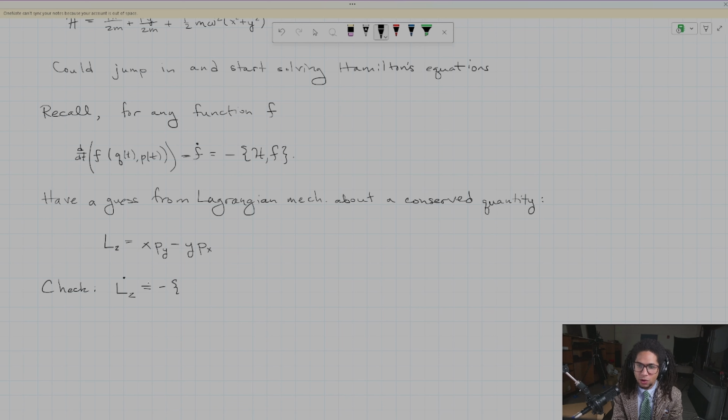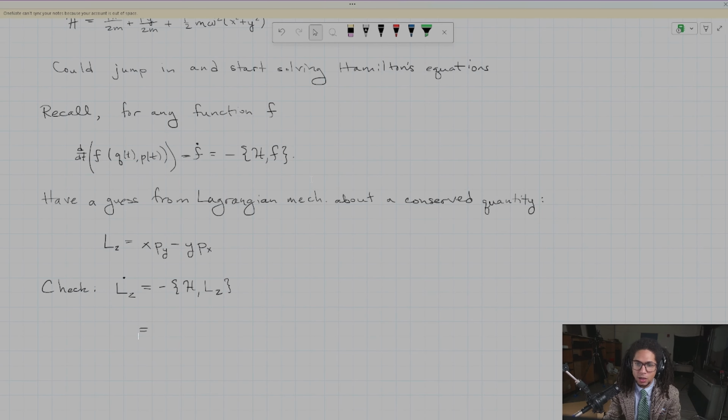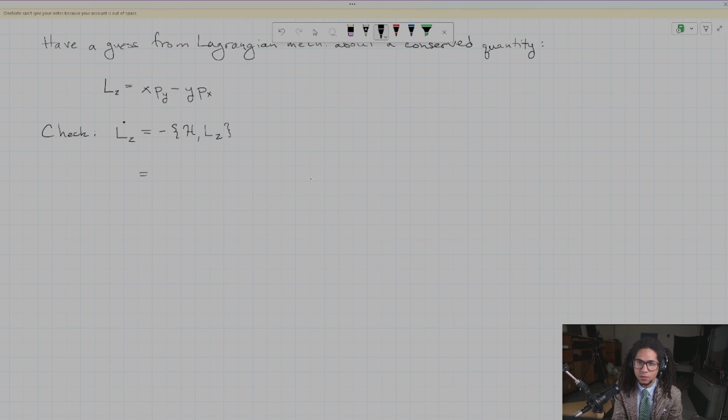Well, I know that in general this is minus the Poisson bracket of H with L_z. And I think that the way to start is just to write that out. It'll be long, but I can reduce it by quite a lot. And we'll see how that works in just a second here. Okay, so we'll have a big minus sign on the outside.